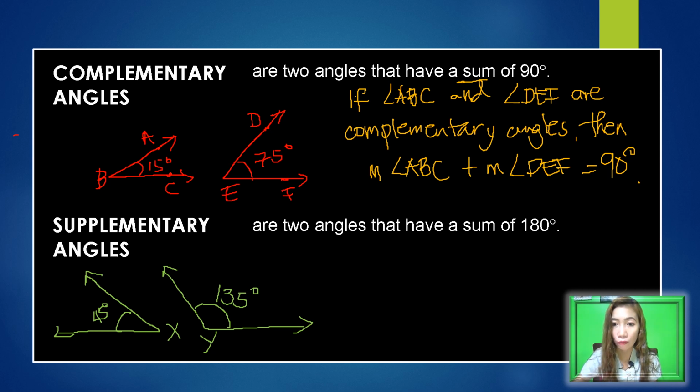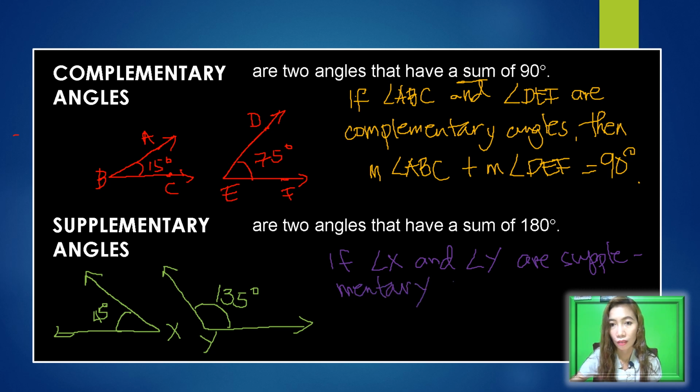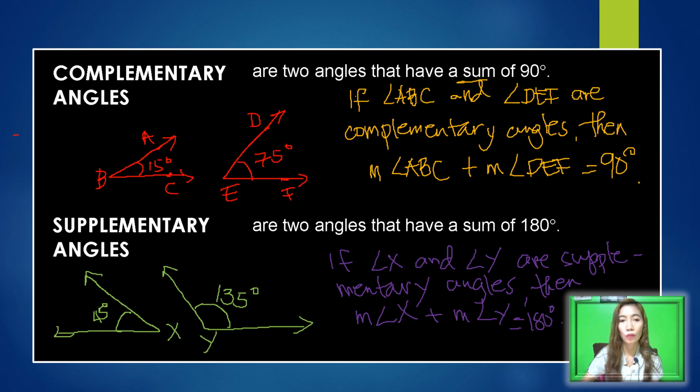For our if-then statement: if angle X and angle Y are supplementary angles, then the measure of angle X plus the measure of angle Y is equal to 180 degrees. That's for those two types of pairs of angles.